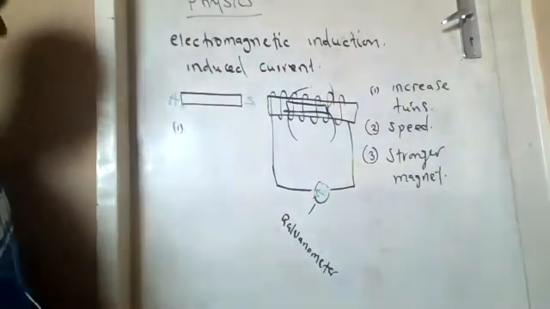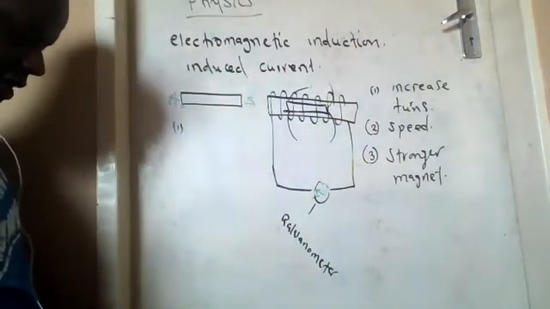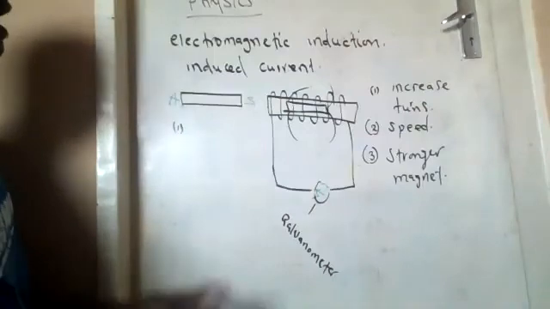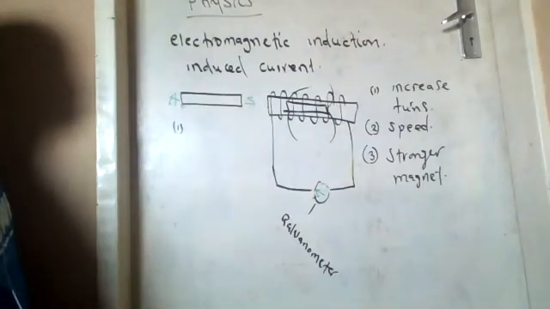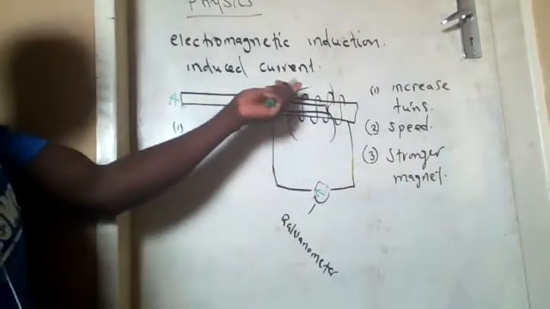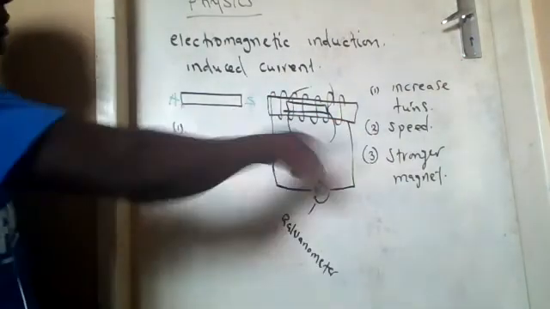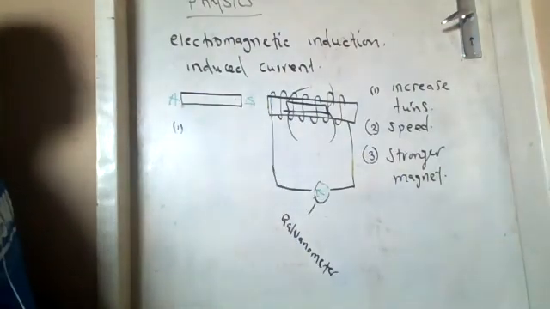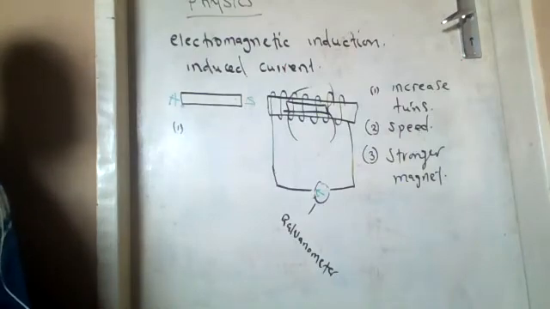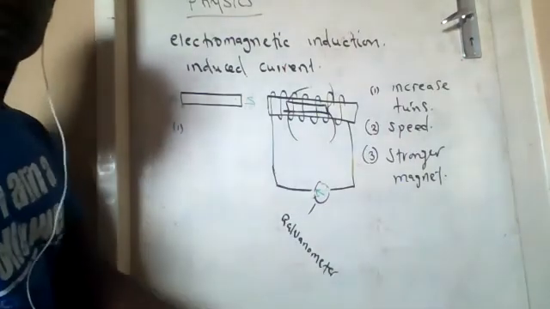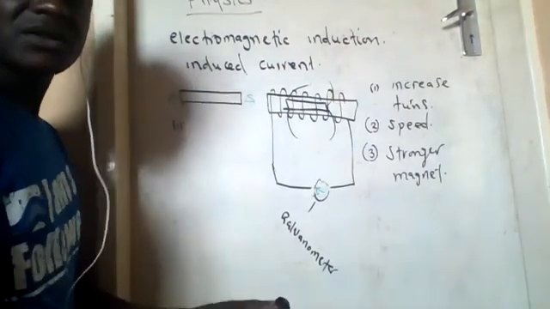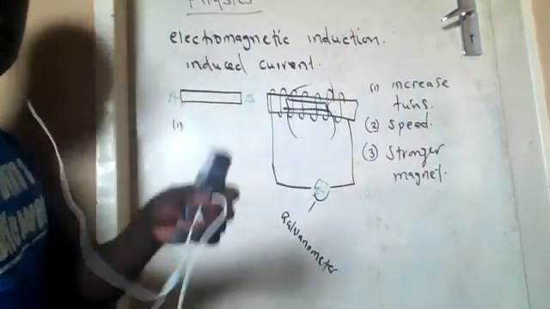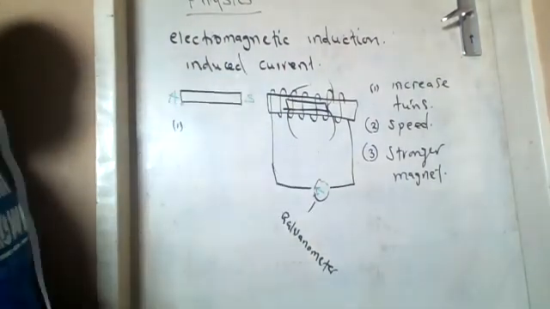So these are three things that you can do in order to increase the size of the induced current produced. You have to increase the number of turns in the solenoid, increase the speed at which the magnet goes in and out of the solenoid, and also use a magnet which is a little bit stronger. So those are the few things that we have to know.